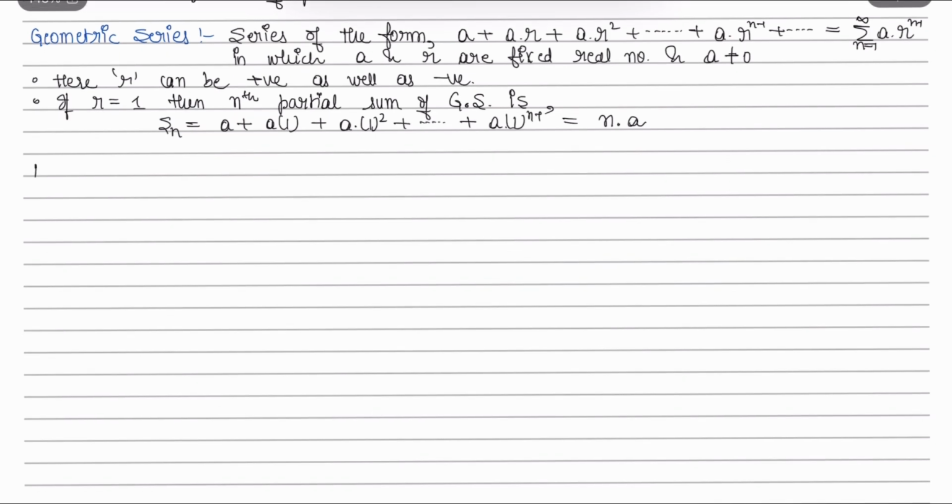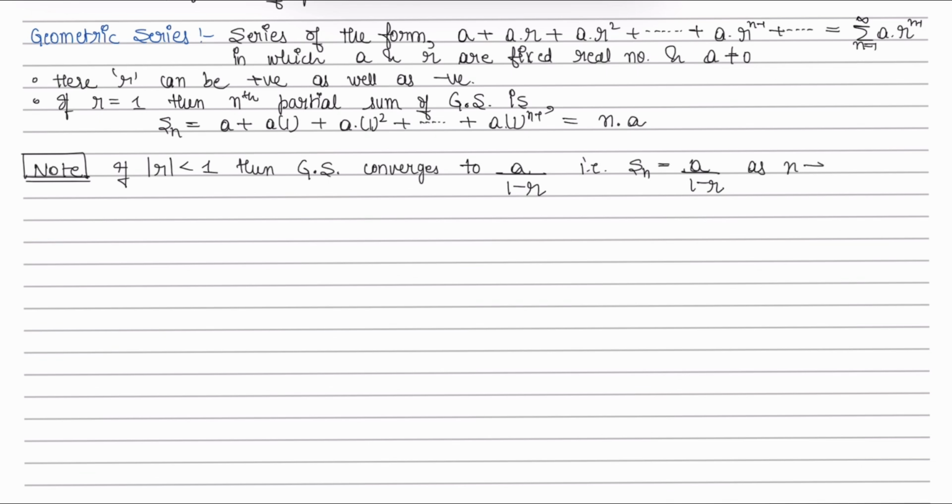So note that if mod of R is less than 1, then the geometric series converges to A upon 1 minus R, that is, the sum of partial terms Sn tends to A upon 1 minus R as n tends to infinity.